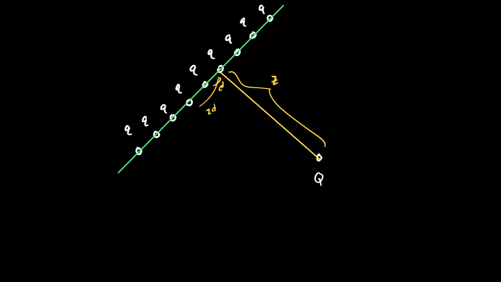Now I'm just throwing some stuff out there. The charge that's here and the charge that's here would experience a force of kq over z squared. And that would have to be the force between those two charges. Does that make sense so far?